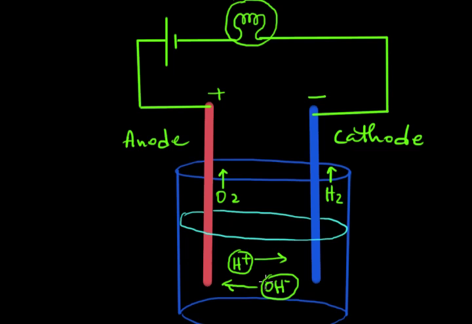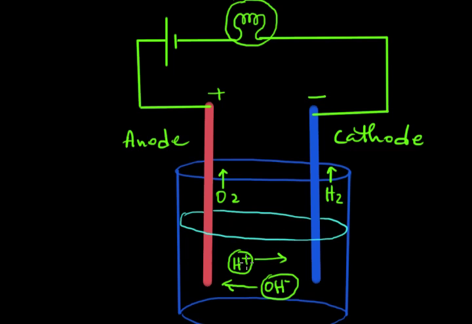To increase the conductivity, hence to increase the number of H+ ions and OH- ions in the electrolyte, we have to introduce some salt to it, which increases the number of H+ and OH- ions in the electrolyte.